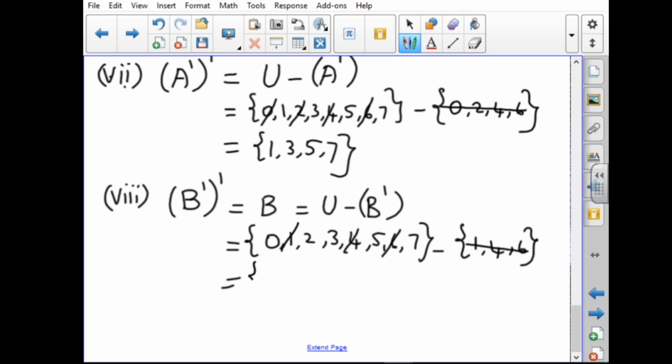So what are the remaining elements? 0, 2, 3, 5, and 7 also. Okay, 0, 2, 3, 5, 7. That's all.